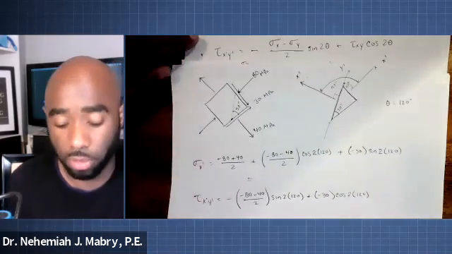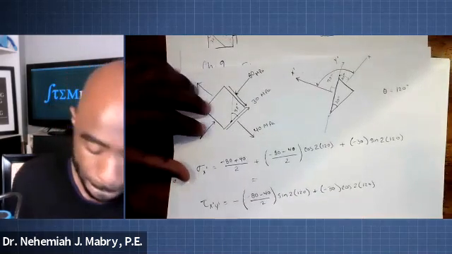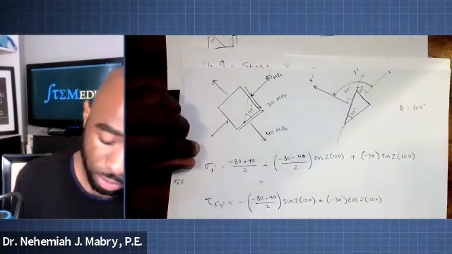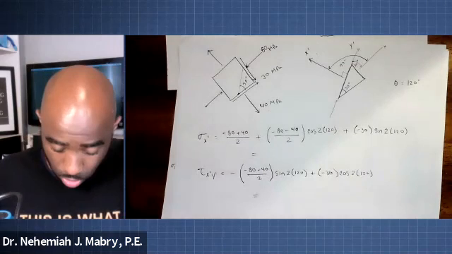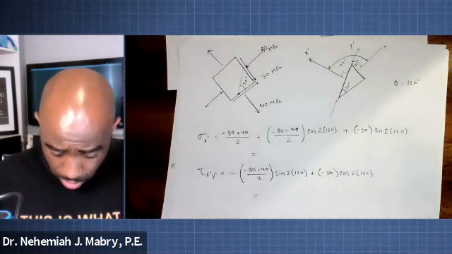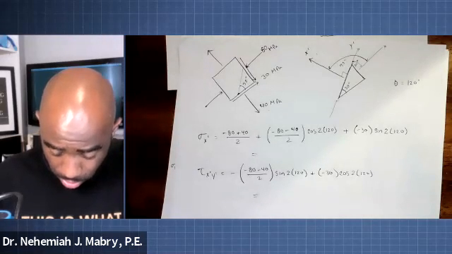So now we can solve for both of those. Sorry about that. Let's solve for both of those. Let's plug this in the calculator. I encourage you to join me with that to make sure we're on the same page. So negative 80 plus 40 over 2 plus negative 80 minus 40 over 2 cosine 240 plus 30.